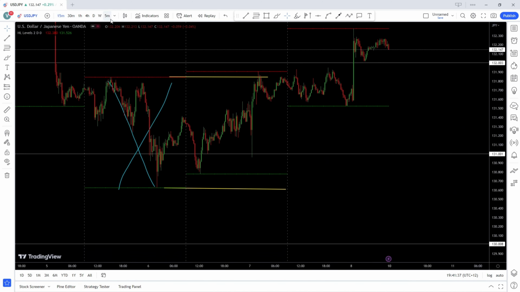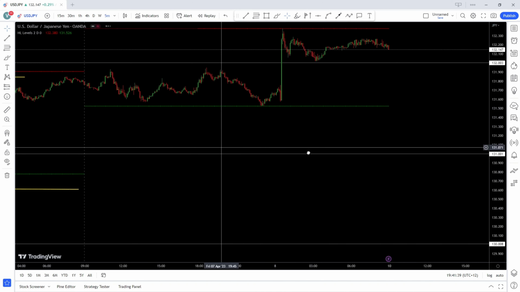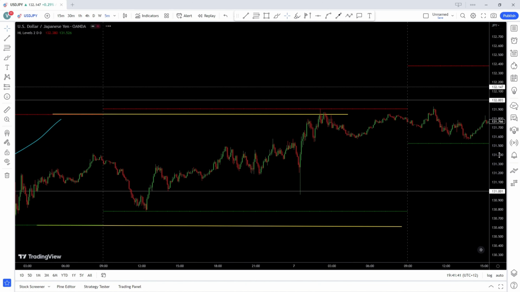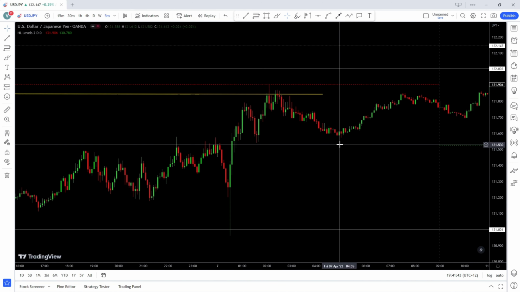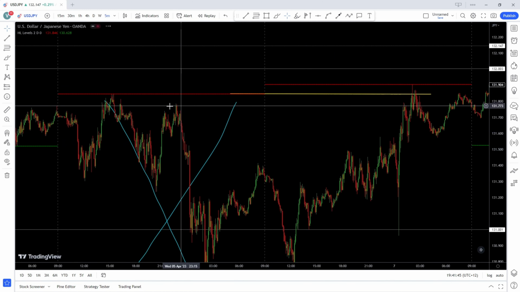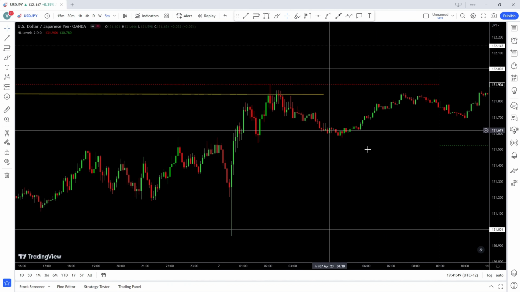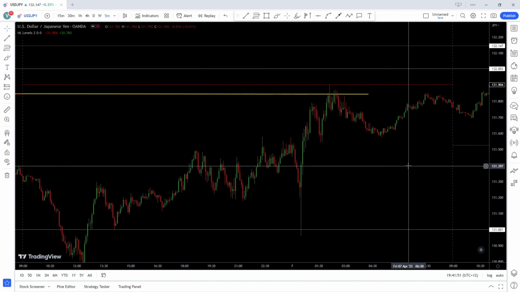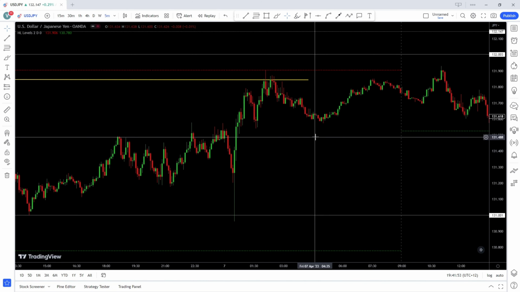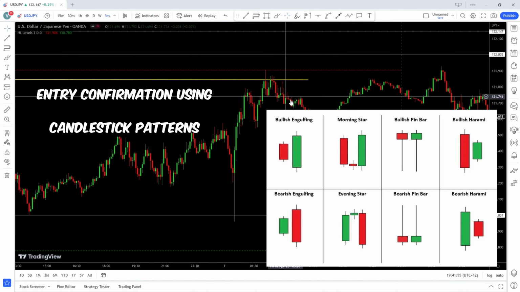If we drop down to a 5-minute time frame and zoom in on this for the entry, we can see they take out the high of the day right over here. They've thrown a nice pin bar. So what you'll be looking for is your price action, meaning pin bars, engulfing candles, double tweezer tops, things like that.